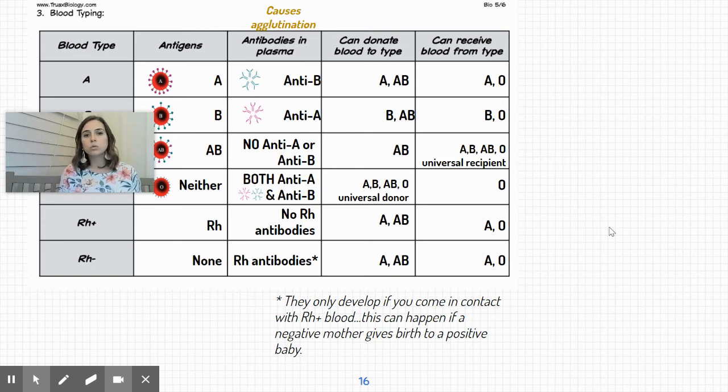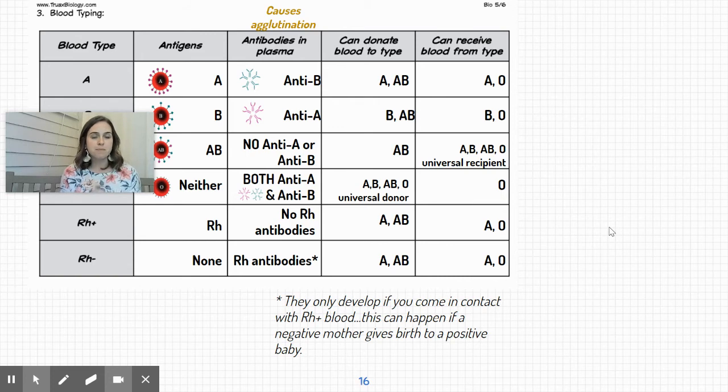The same is true with Rh negative blood. They don't have any antibodies, but they will create them if they ever meet any blood that is positive. If you got the wrong transfusion and you were negative, you'd be okay. But if you ever happened to get positive blood again, you would not be okay.